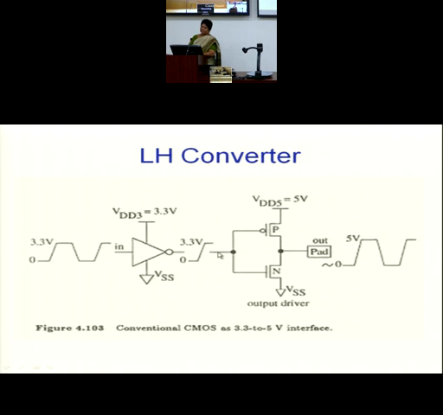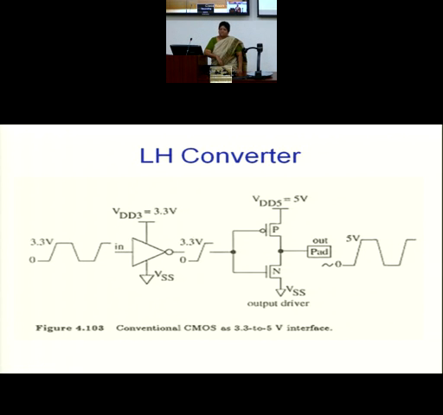Think of when this is 3.3 volts. It will not turn off the PMOS completely. So there would be a difference of 1.5 or 1.7 volts, which will be turning on the PMOS. It is as if the pull-up is always on. When the pull-down is on, the pull-up is always on, and there would be a static power consumption from VDD to ground, continuous power consumption as long as there is 3.3 volts at the input.